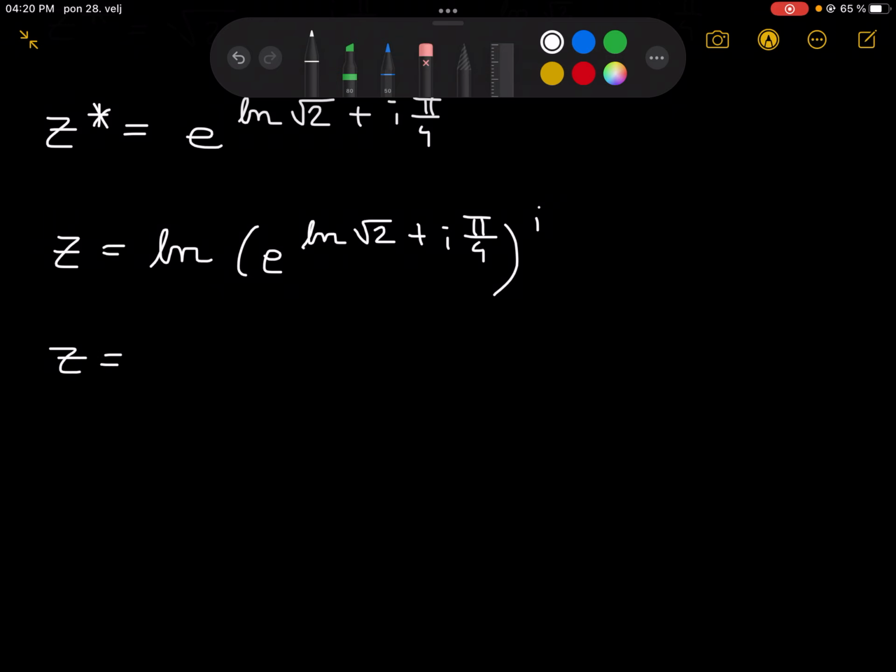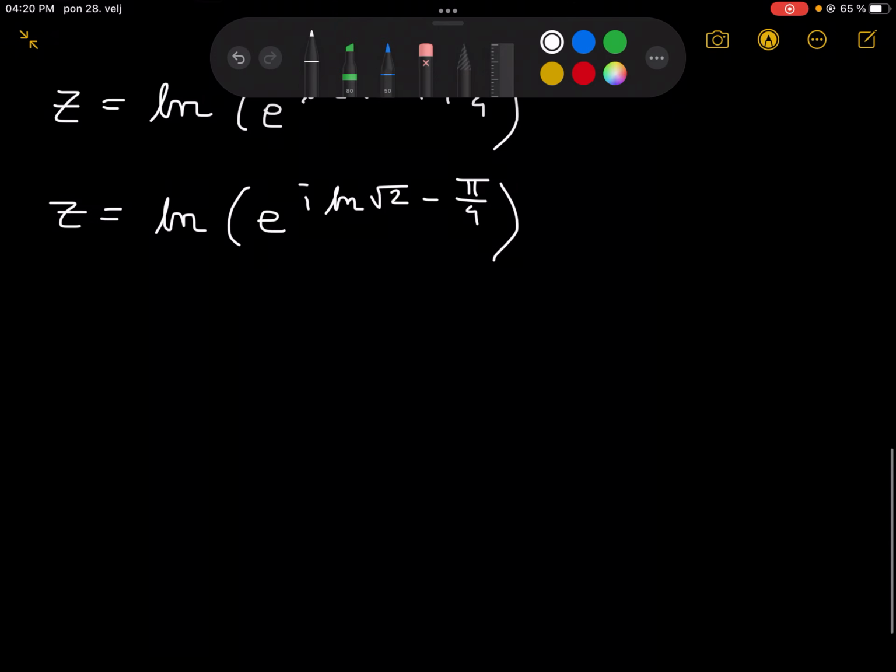Once we multiply the exponents, we'll get the ln of e to the power of i times ln of the square root of 2 plus i squared, which is just negative 1, times pi over 4, so it's going to be minus pi over 4.